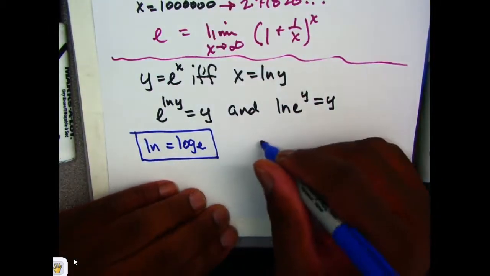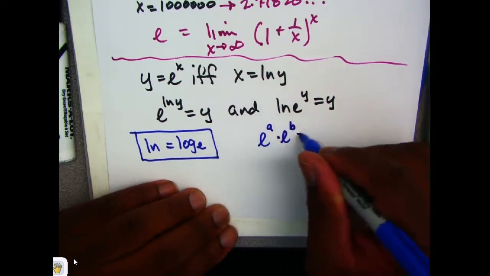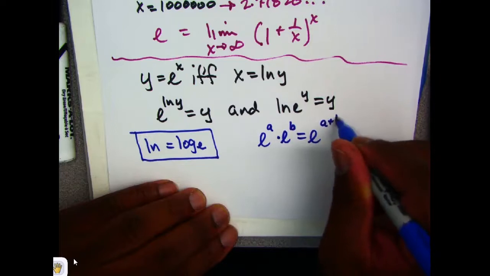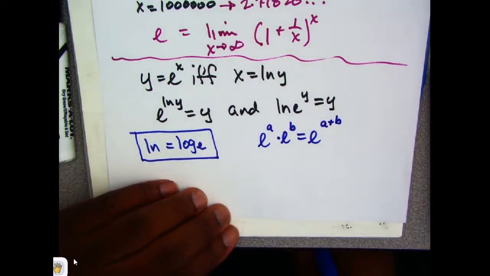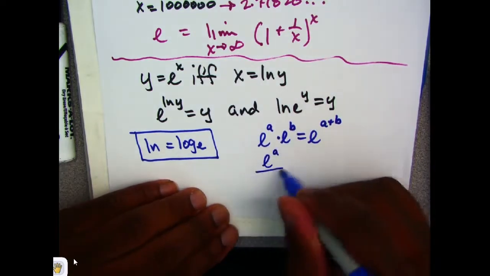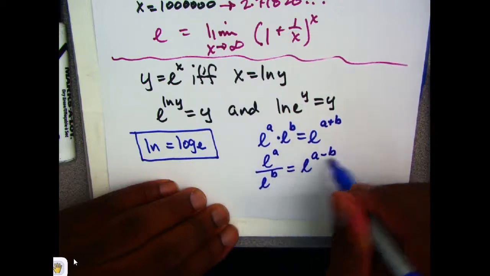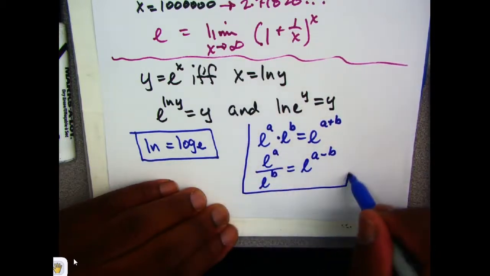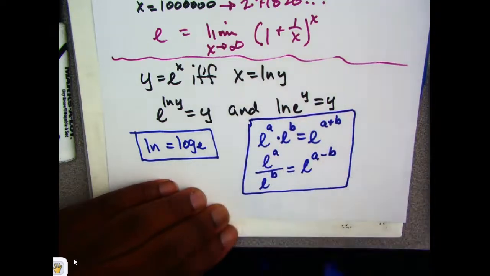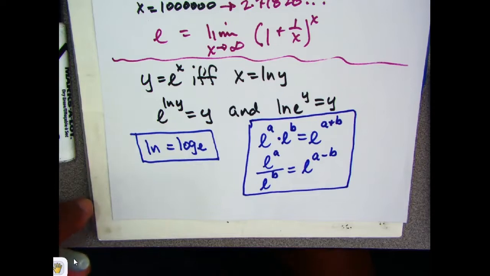Also recall that e to the a times e to the b is e to the a plus b, and e to the a divided by e to the b is e to the a minus b. So the same properties that we had for exponents, they work here as well.